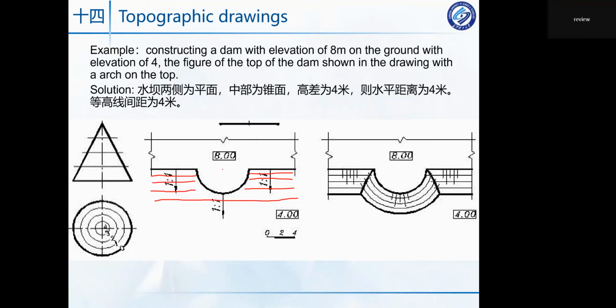So it's the same as drawing the plane. We also need to draw the contour lines at different elevations. You can see these lines are parallel to each other. They don't have a cross point, and they have the same center.